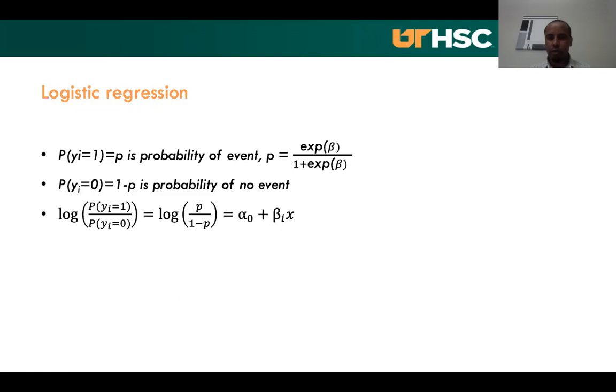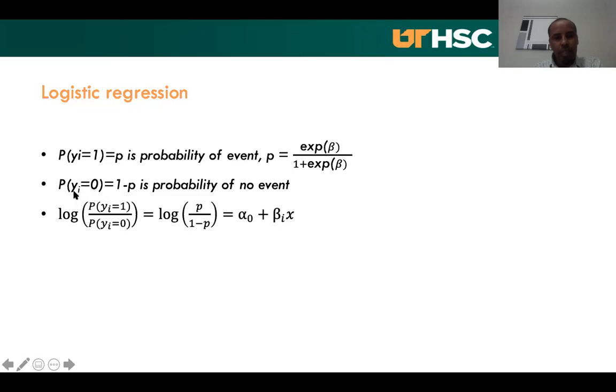The quotient, the exponent of beta divided by 1 plus the exponent of beta, gives us the probability of the event, or the probability that y equals 1.